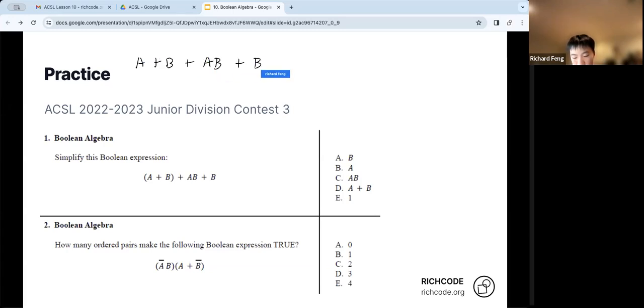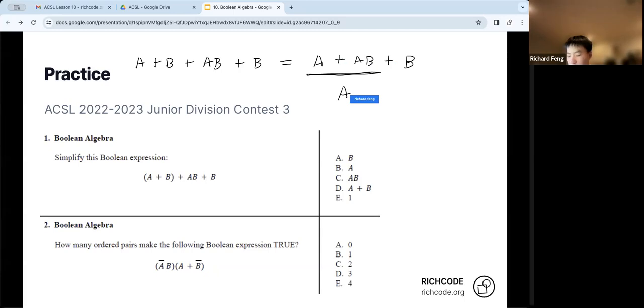And then we have B or B. So we can consolidate that into one term since B or B is just B. That is one of the identities. So this is the same thing as A or AB or B. And then for A or AB, we can use the absorptive law to combine them into A. So this is just A.